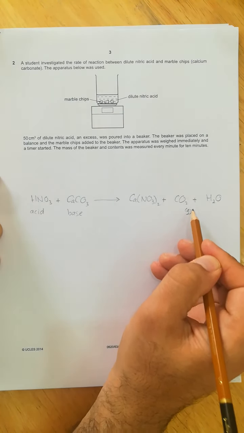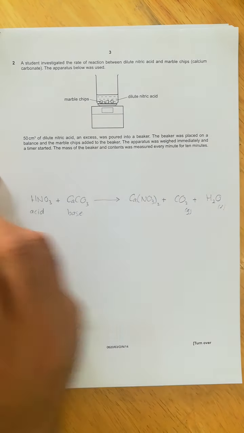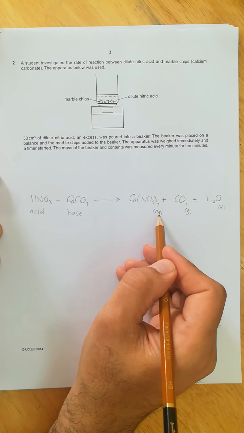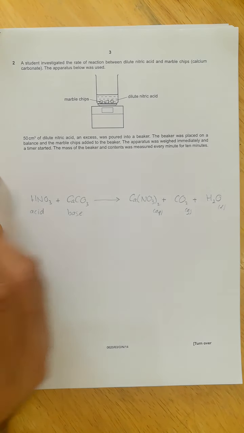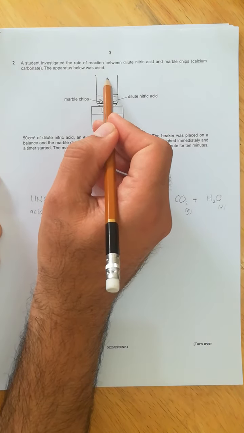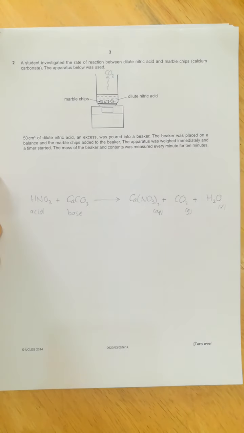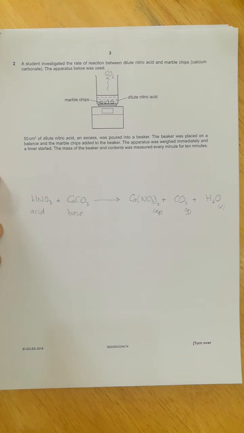Now what will happen? Carbon dioxide is a gas, water is a liquid, and this salt is soluble, so it will dissolve in water. Carbon dioxide will escape from the reaction mixture. So what will happen to the mass? Mass will decrease.